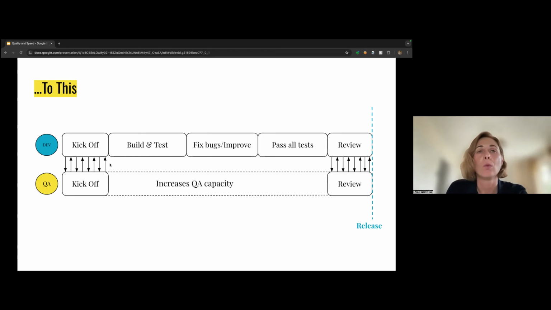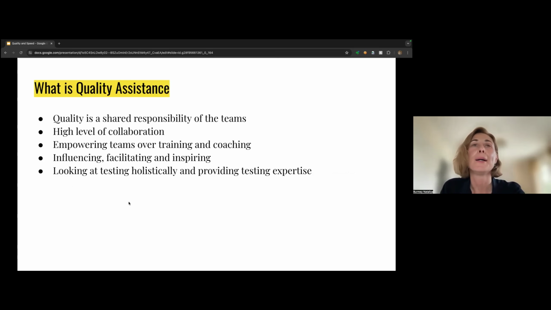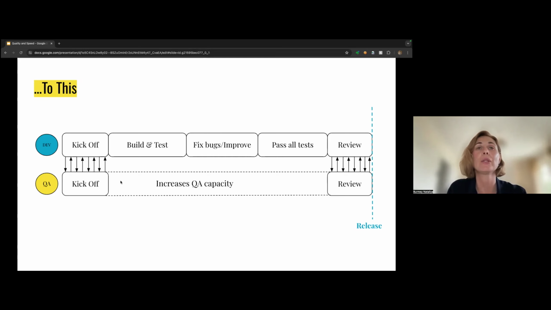But also, once you've got this time, so you're not actively testing after developers, you have time to look at, remember, I mentioned this point, on your testing holistically and providing your testing expertise. So you have time. What's the next thing you can make to help your developers or help your team to be more effective, to have more confidence in testing?